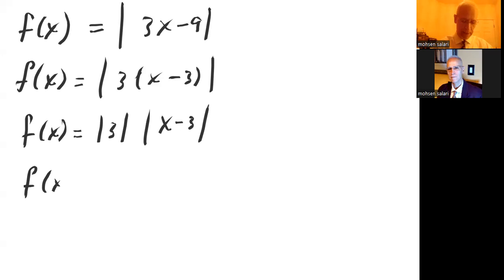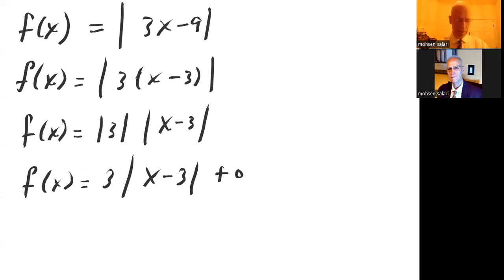So f of x equals 3 times absolute value of x minus 3. And if I put a +0 here, what's my vertex? My vertex is at +3, 0.